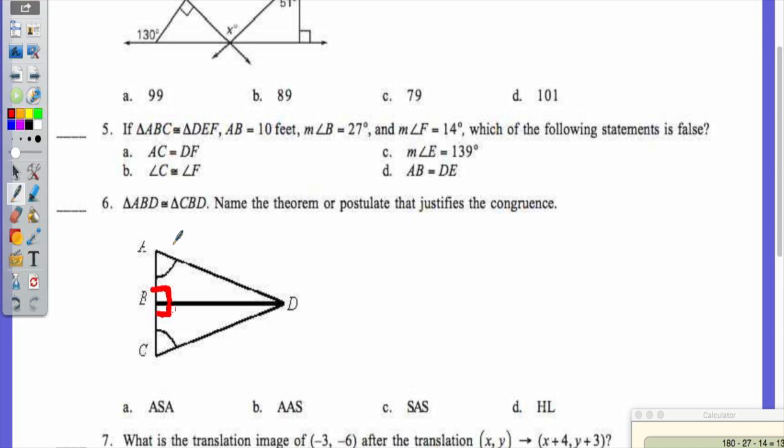Now, normally, when I have a right triangle, it would be really great if I could use hypotenuse leg. But they don't tell me that any hypotenuses or any legs are congruent. They tell me that this angle is congruent to this angle. So technically right now, I have two congruent angles, right? Because if they're both 90 degrees, they're both congruent. They share a side.